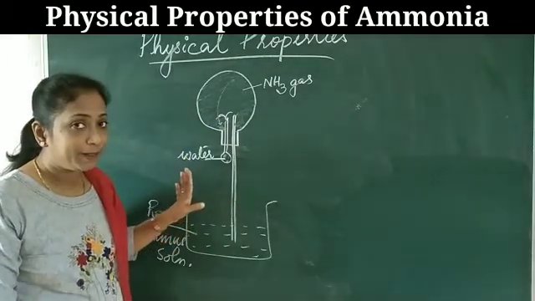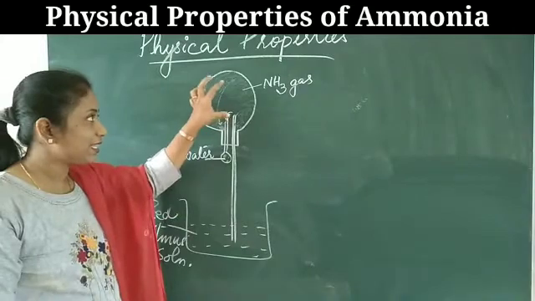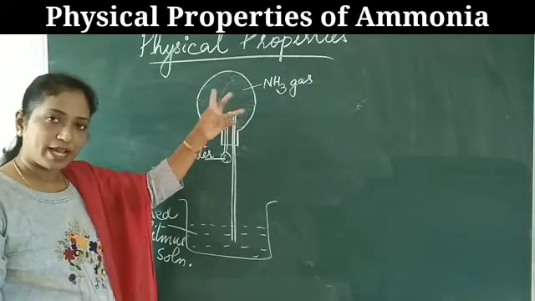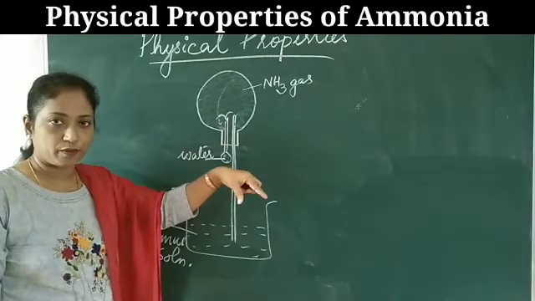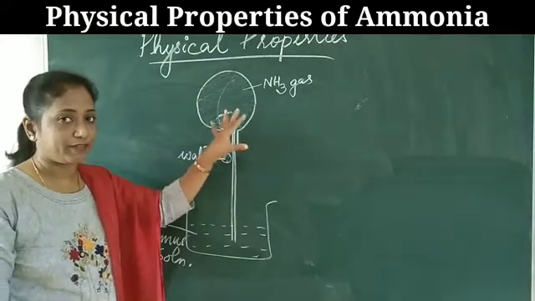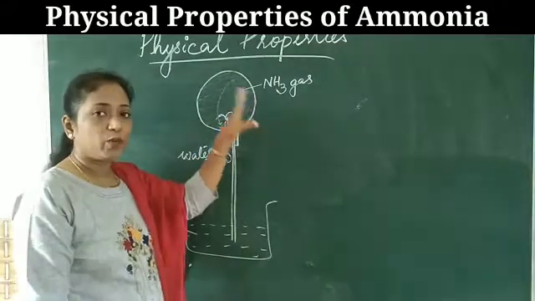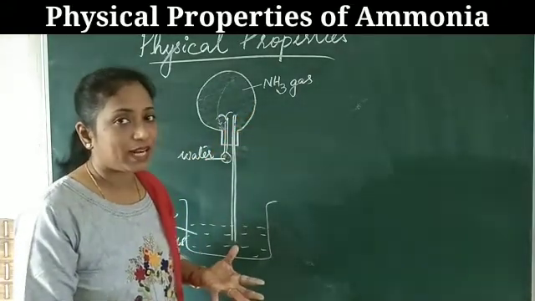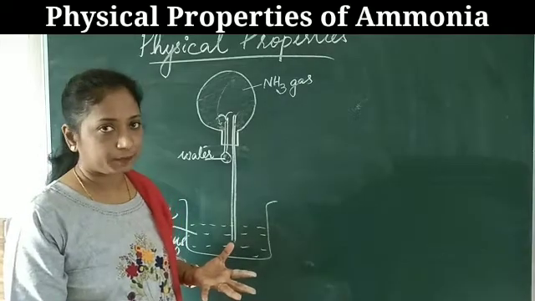Why won't it be red? Because inside the flask, a good amount of ammonia has already dissolved in a few drops of water, but there is still some ammonia left there. So that ammonia will turn the red litmus solution into blue, showing the alkaline nature of ammonia gas.